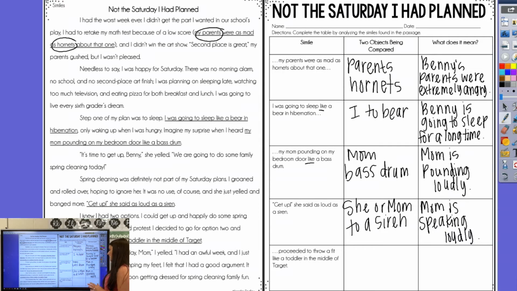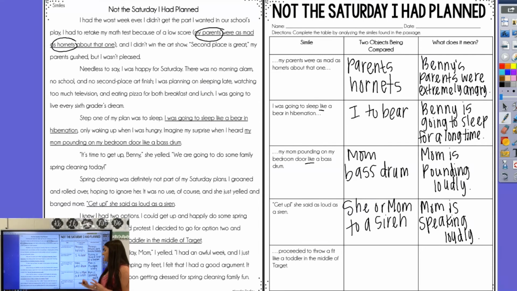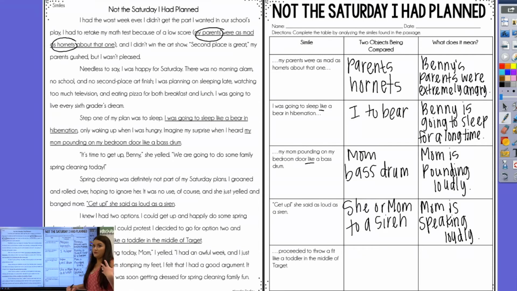Proceeded to throw a fit like a toddler in the middle of Target. So this one doesn't have the person we're comparing to a toddler. So let's go back to our text and see if we can find it. So the narrator's I, right? Who is I? Who is telling the story? Which character is telling the story? Benny.